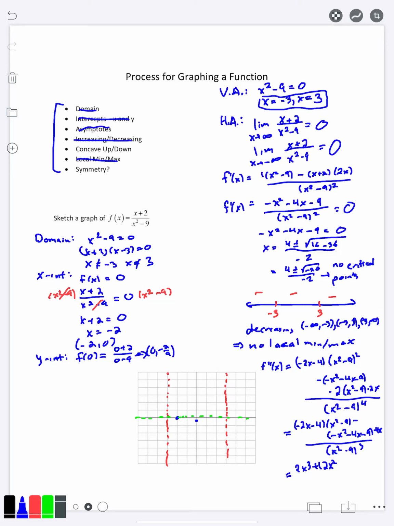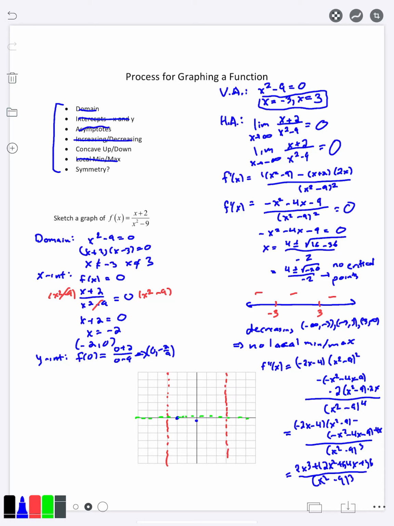And then for x terms, I'd have an 18x plus 36. 18 and 36 is 54x, and then plus 36, all over x squared minus 9 cubed.